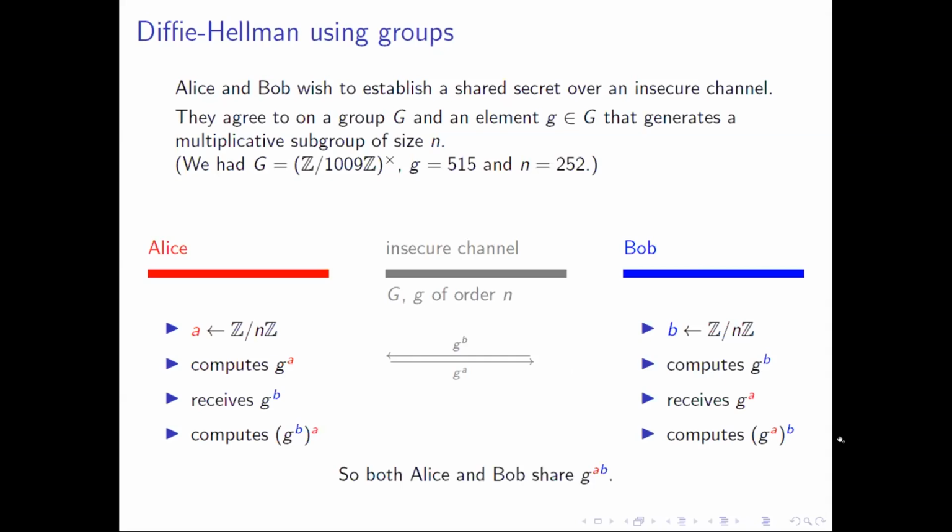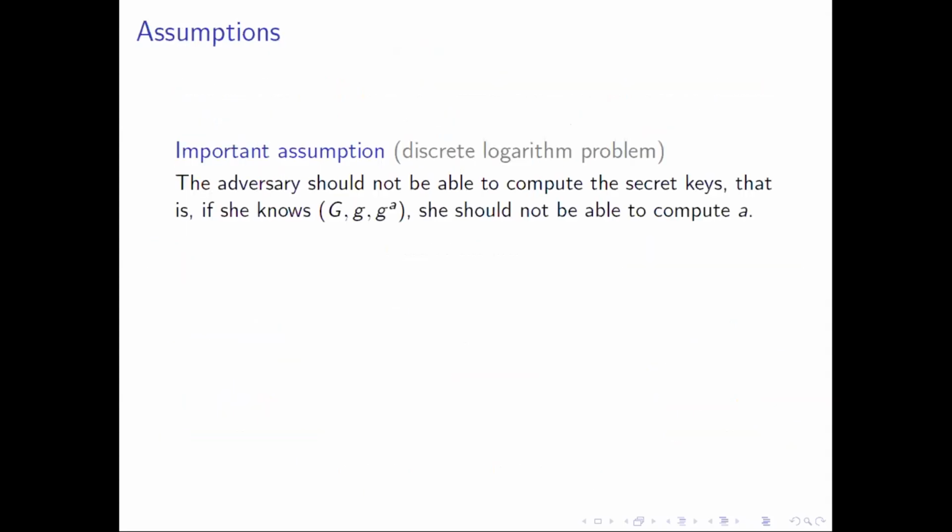In the end, they both obtain g^(ab). So this is the basic Diffie-Hellman exchange, and now Alice and Bob share the value g^(ab).